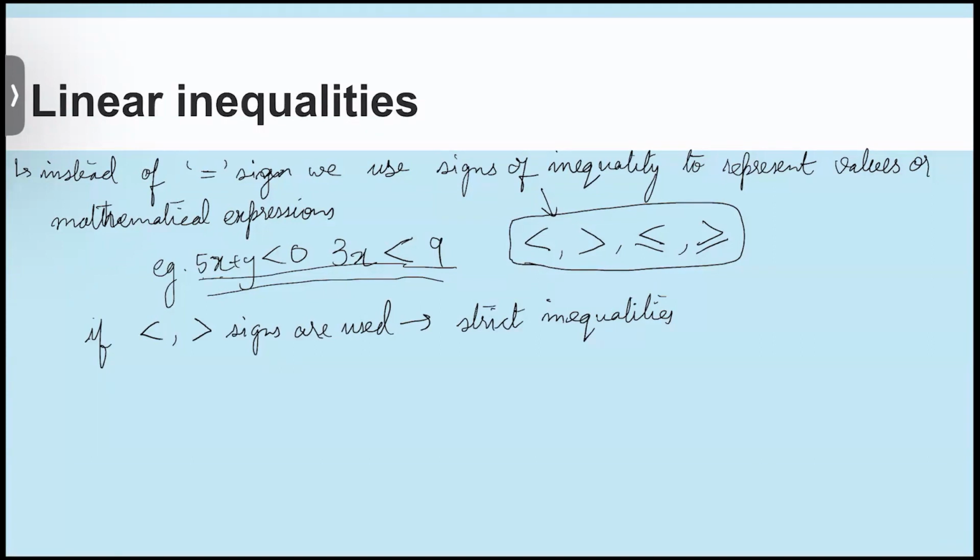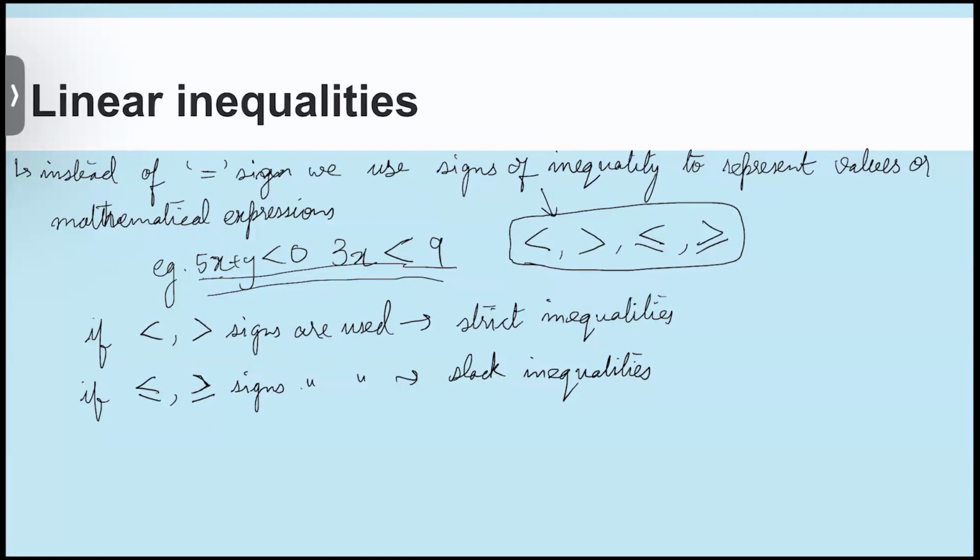It cannot be equal to 9 in any case. But if less than or equal to or greater than or equal to signs are used, we have what are called slack inequalities. These are some of the important takeaways that we have already addressed in the previous class. So this is like a quick revision.